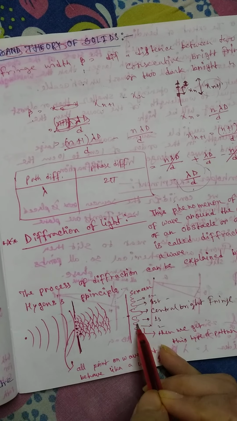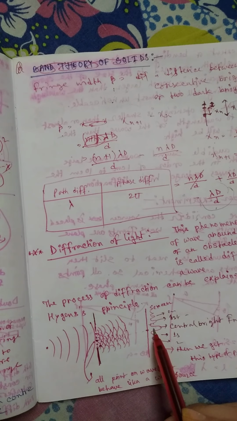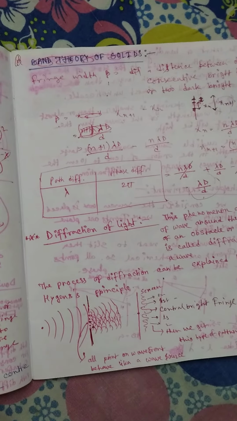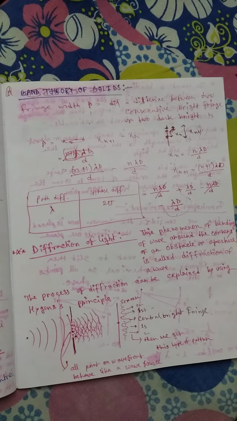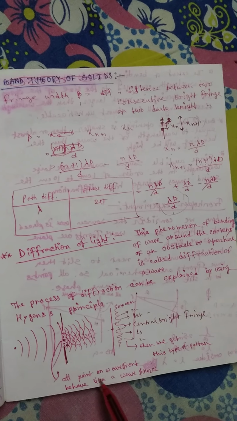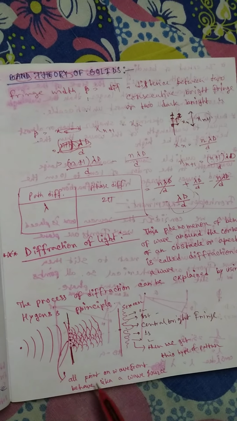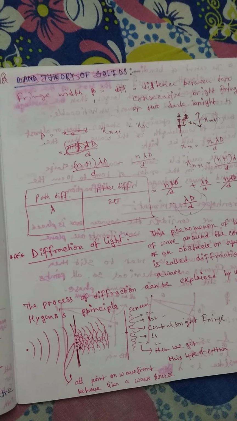Just look here, the intensity decreases along the sides, right? The intensity of the bright fringes decreases along both sides, and the intensity of the central bright fringe is maximum. All points of the wavefront behave like wave sources.